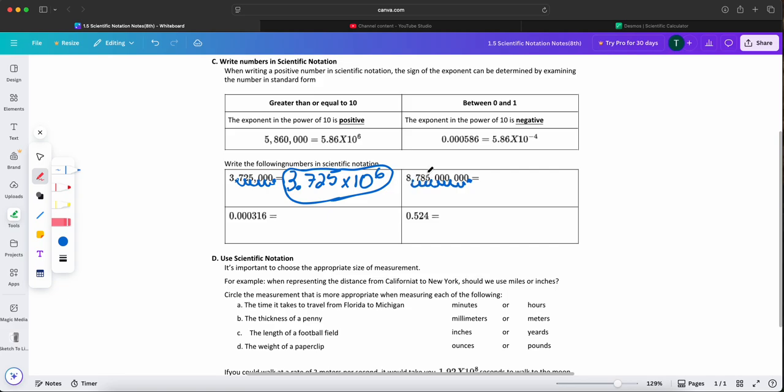That 8 is the number that is in front of the decimal. That's between 1 and 9, so I know I'm done. So we would have 8.785. After this 5 is our string of zeros, so we don't write anything else. So then we write times 10, and then we moved it 9 times, so it would be to the 9th power.